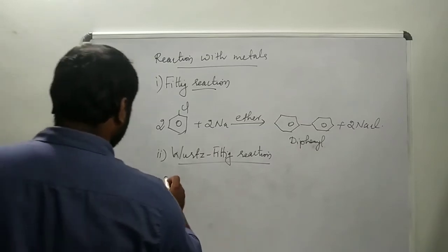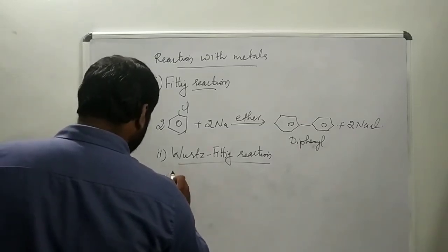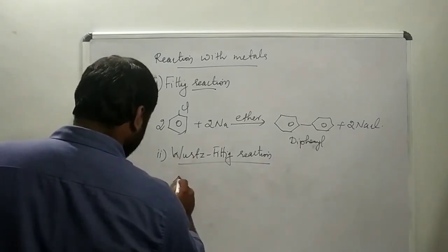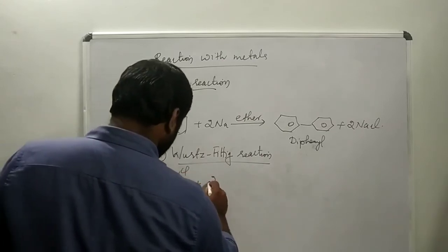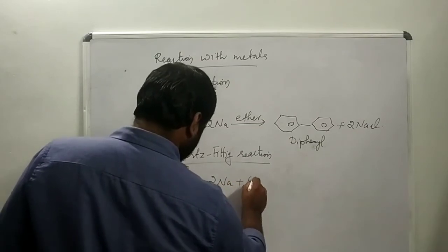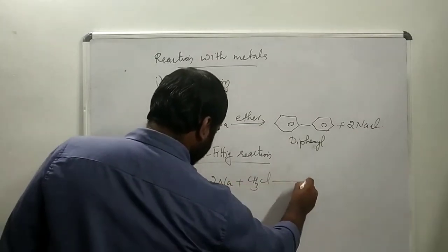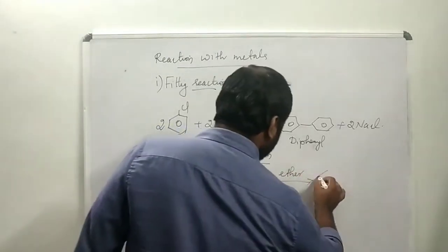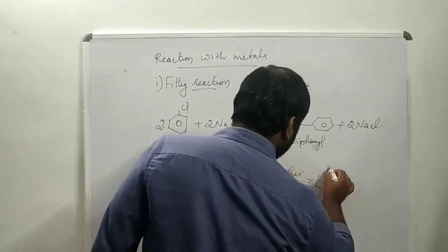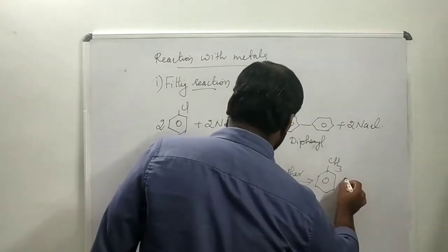For example, chlorobenzene reacts with two molecules of sodium along with an alkyl halide, CH3Cl, in presence of ether, and you are getting toluene. That means on the benzene ring you have a CH3 group.